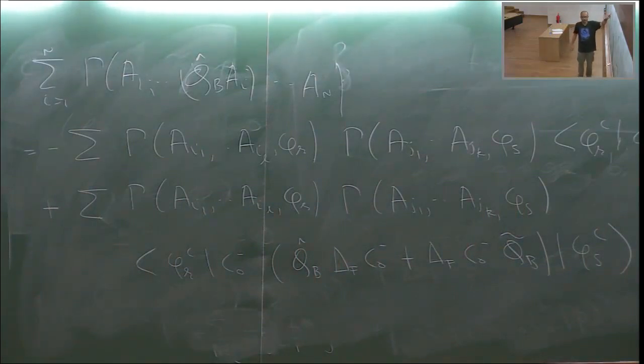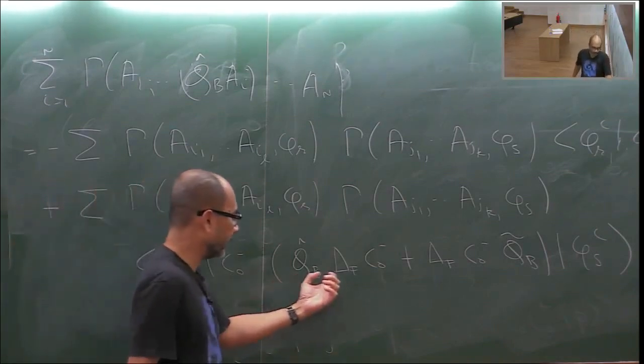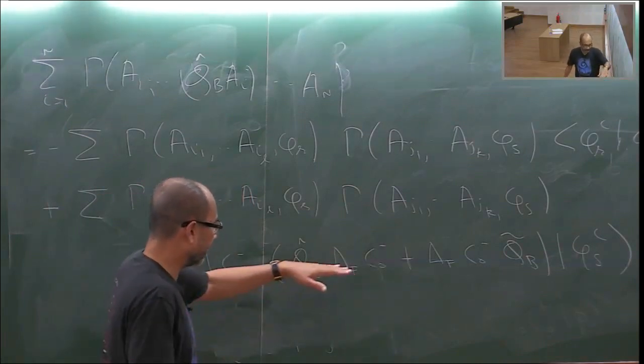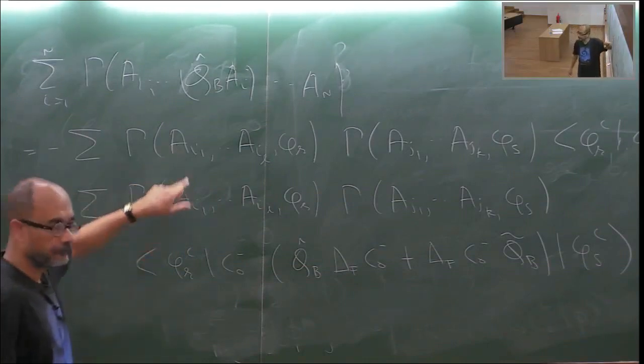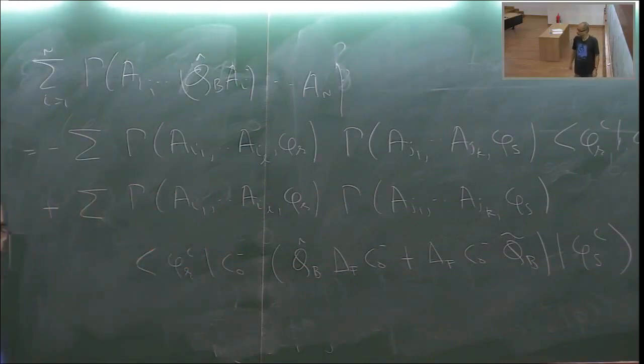You have to subtract off the cases where QB hat now acts on the internal lines. That gives this anti-commutator of QB hat with the propagators. Now you use the fact that this is given by G, use this identity, and you see that these two terms cancel. So this is 0.